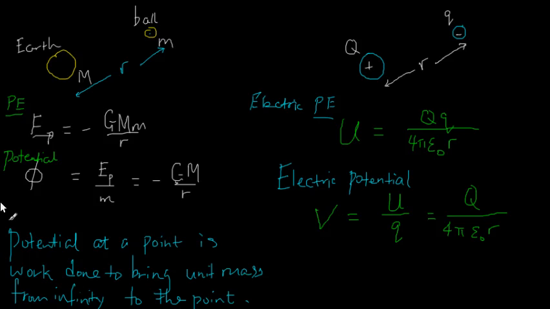Let me see how I would modify the definition. Instead of gravitational potential, I'm talking about electric potential. Electric potential at a point is the work done to bring a unit charge, it won't be mass, from infinity to the point.